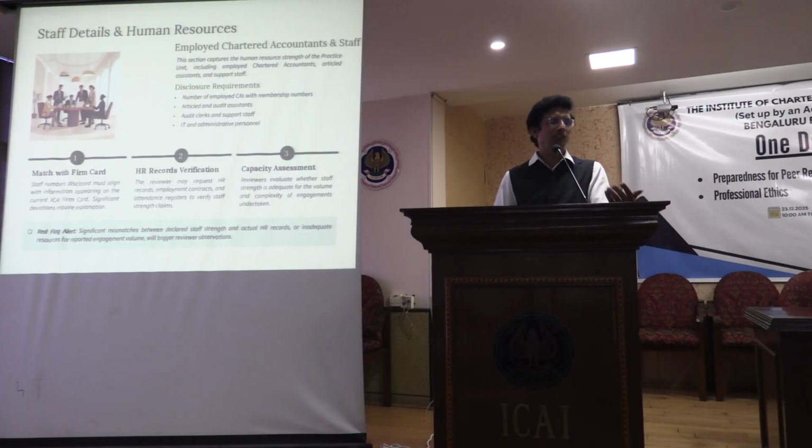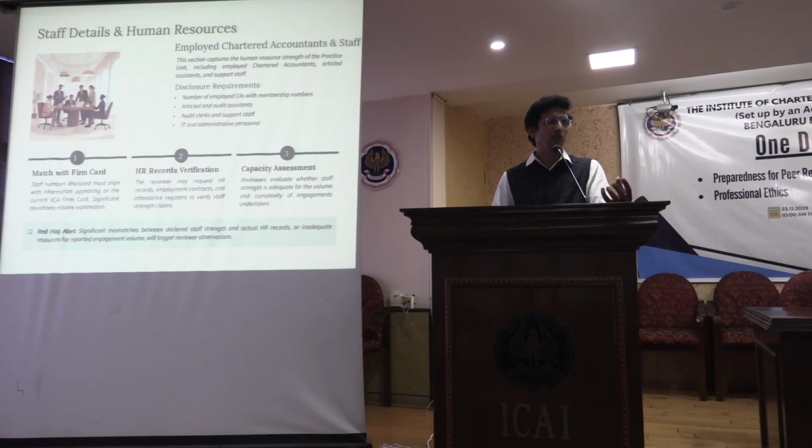See, why all this is required, you will come to know later, because why a peer reviewer should be bothered about how many chartered accountants I should have, what type of team composition, you will come to know a little later. To some extent, it's already covered, the capacity assessment. In a simple way, it is whether you have the capacity to render things.